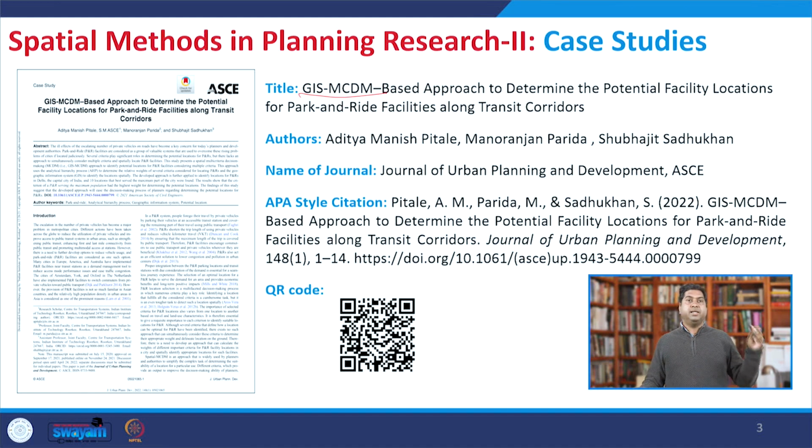In this case GIS application is the spatial method where we quantify some of the things, and in MCDM we have done an expert based opinion survey which is qualitative in nature. So, it is a blend of qualitative and quantitative research.